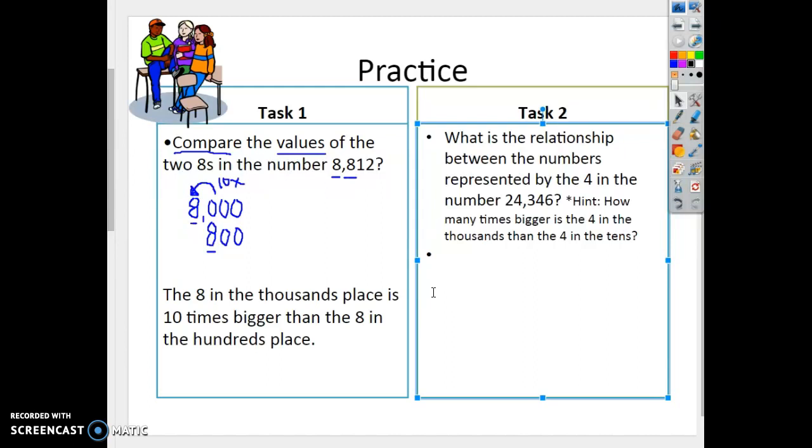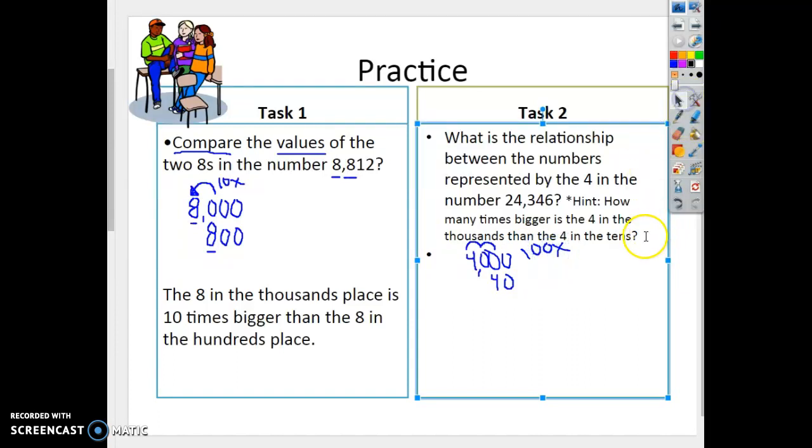All right, so the answer to this would be, if you're looking at this 4, that 4 is worth 4,000. This 4 is only worth 40. So if you go over 2 spots, 1, 2, we know it's 100 times bigger.